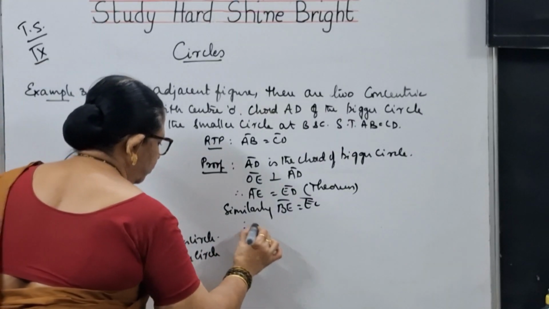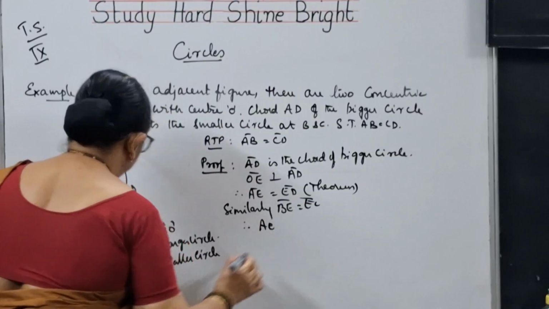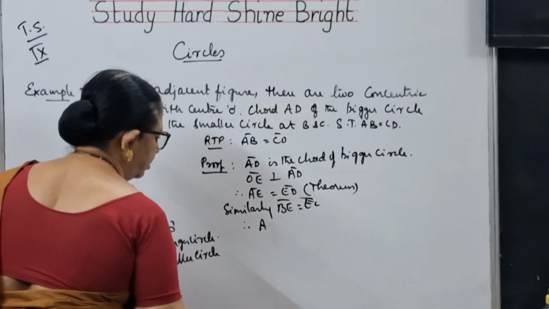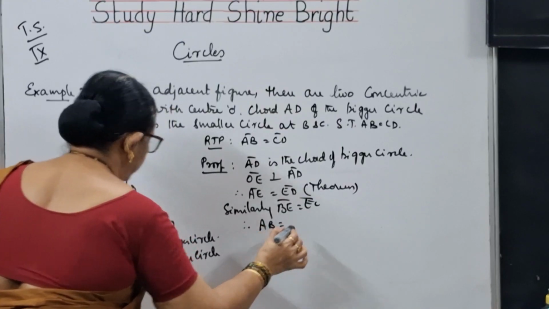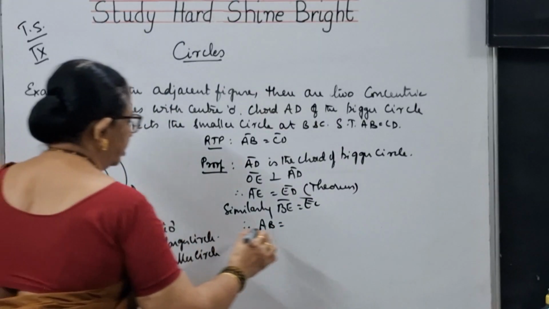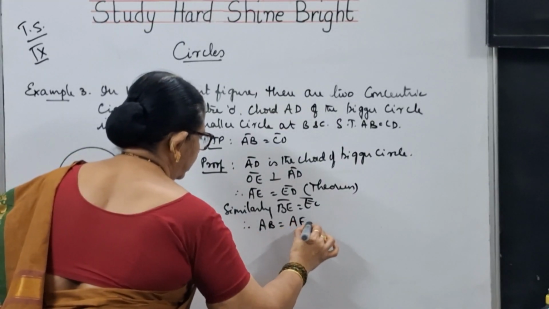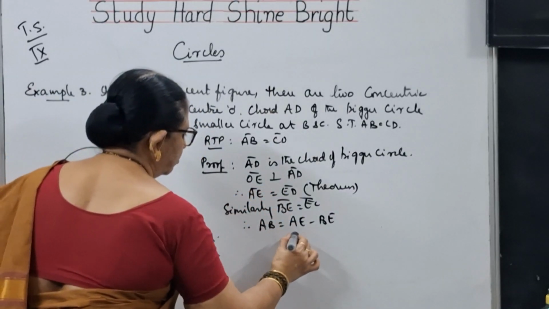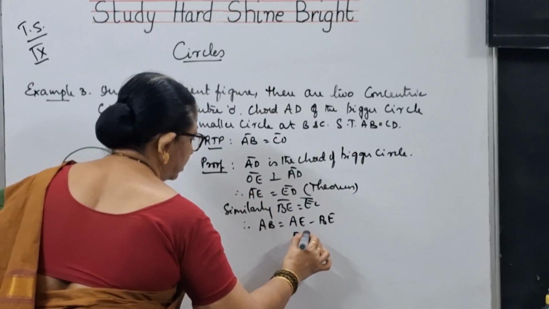So, therefore, let us talk about AB. They are asking AB. What is AB, children? AB is nothing but AE minus BE. What is AE? AE is nothing but ED.